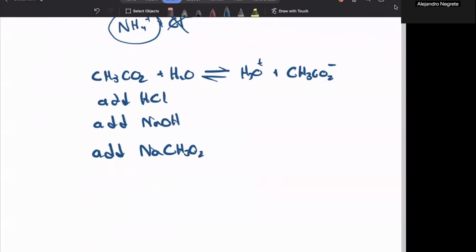All right. So here, if we add hydrochloric acid, essentially this is what we're adding. Okay. One more reaction here that we need to be familiar with is that this plus this make this.